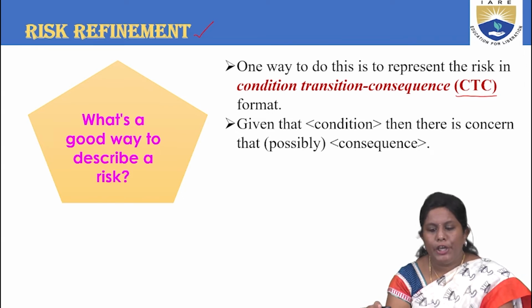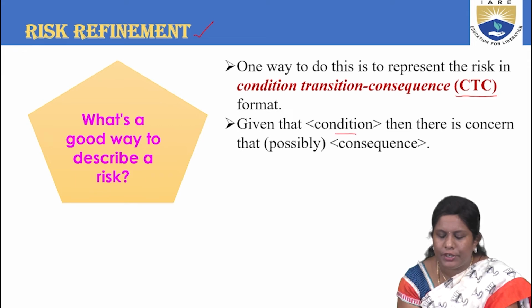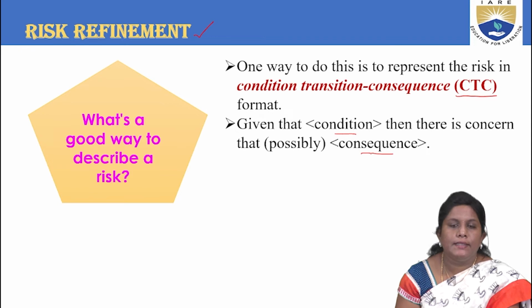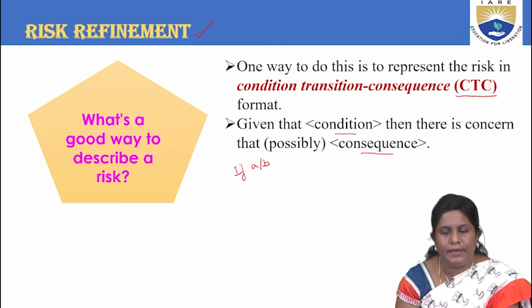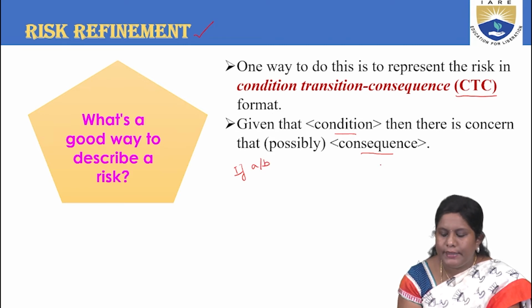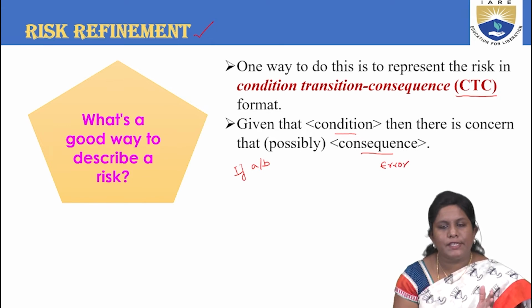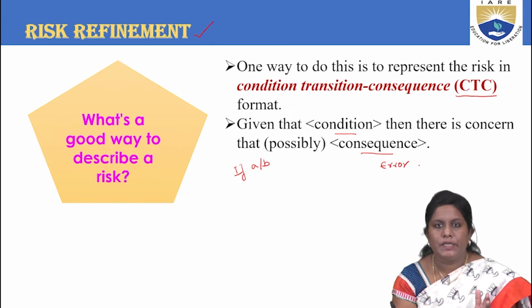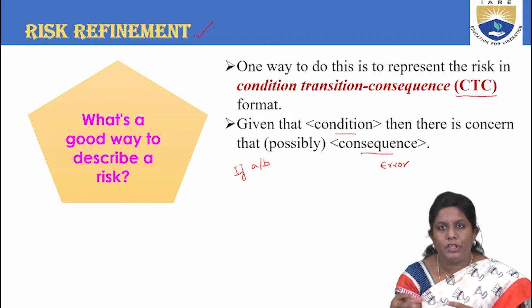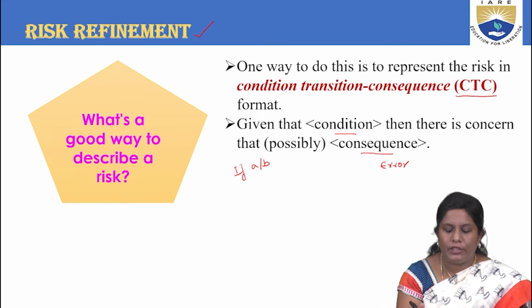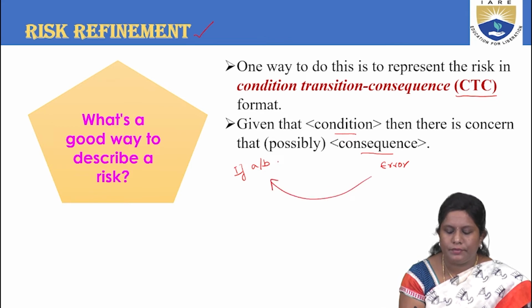So for example, if you are given a particular condition, what is the consequence? Suppose I say, if A divided by B is there, what is the consequence to it? An error occurs. So like this, whatever risks you are stating, what are the consequences you will get? That is for risk refinement. You are trying to make it much better, giving some consequence for the existing ones.